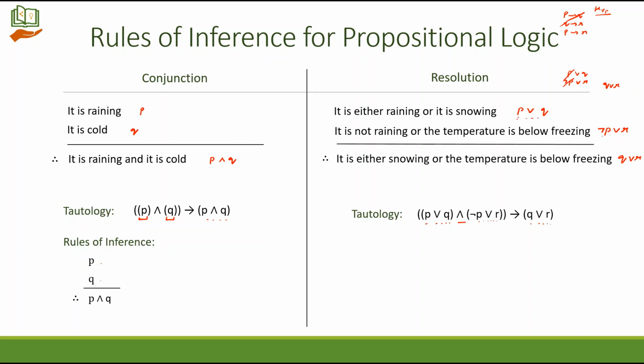Whatever is in the premises part, you are combining it using conjunction, and whatever is in the conclusion part, just use the conditional operator and then give the conclusion. So the rules of inference format will be the first premise, the second premise, therefore this is the conclusion. So let's get into resolution now.